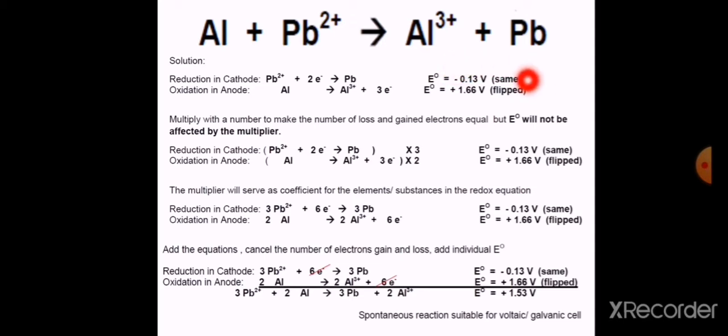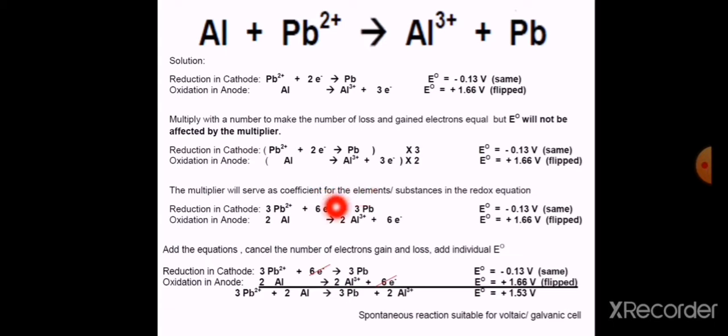This was the same with the table. Oxidation reaction which happens in the anode, that aluminum, okay, producing aluminum ion plus 3 electrons. Okay, so the cell potential here would be plus 1.66 volts. Nag-change yung sign niya kasi it was flipped.